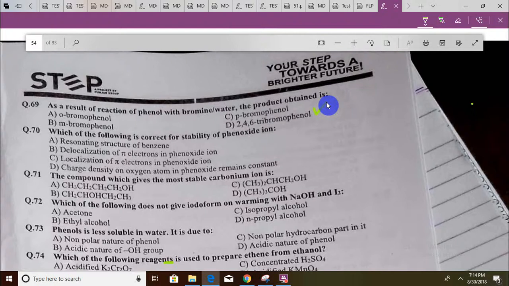Which of the following is correct for the stability of the phenoxide ion? The resonating structure of benzene, the delocalization of pi electrons in the phenoxide ion, that is it.